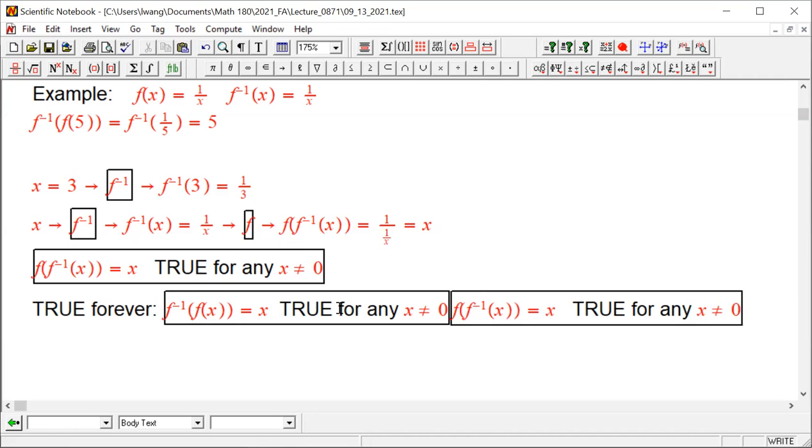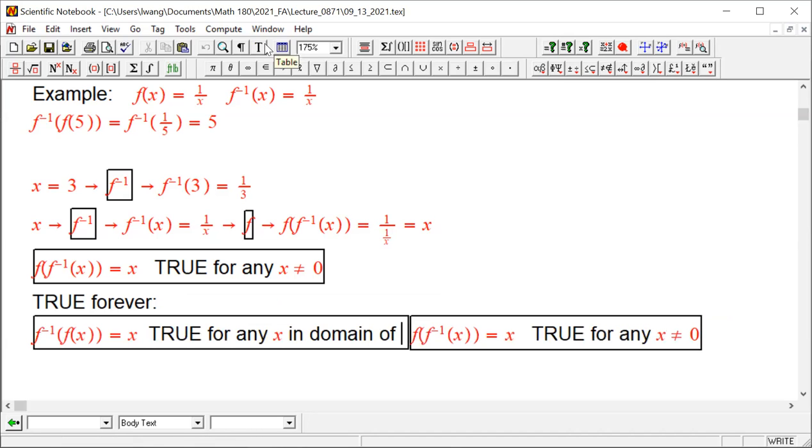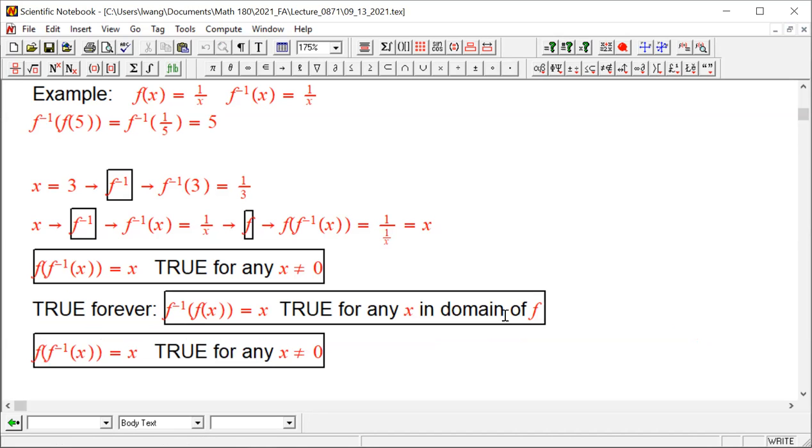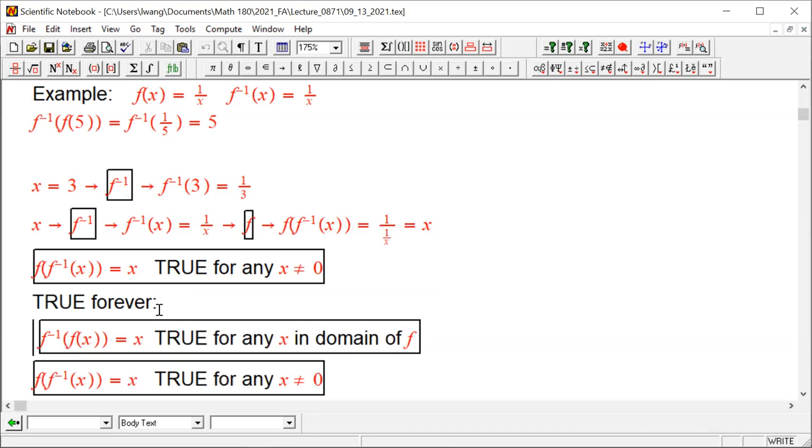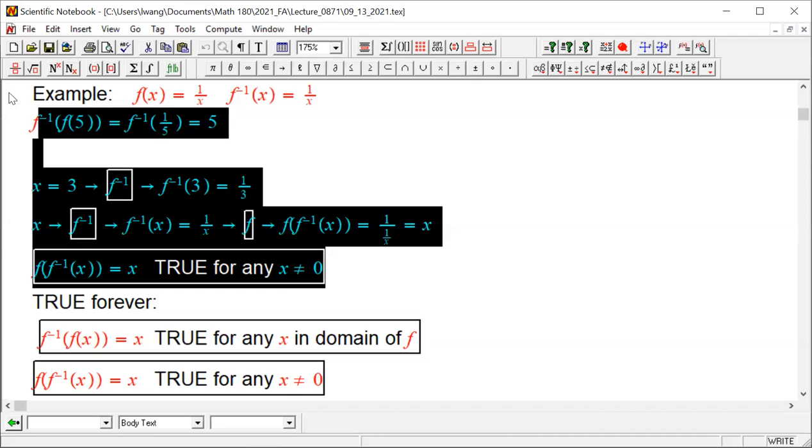But true for any x in the domain of f. But this is a more general statement, because up to here we're still discussing this example.